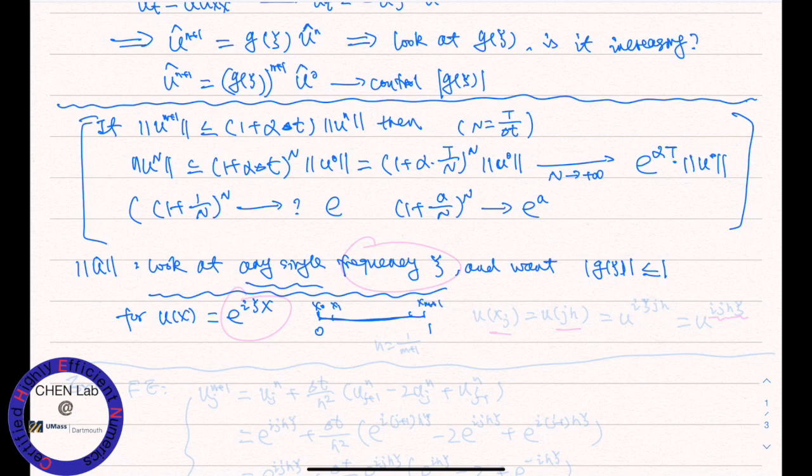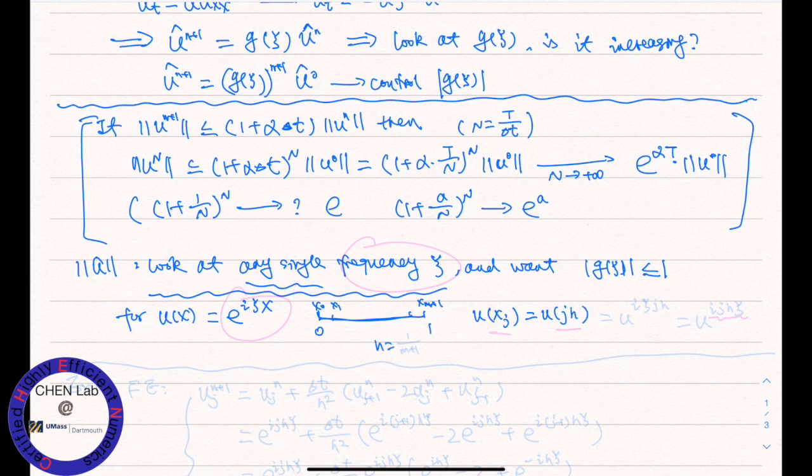Remember, that's a starting point of the finite difference that we did. So we are talking about the function point values u(x_j), right? Well, we know the u(x_j), which is u of jh, right?